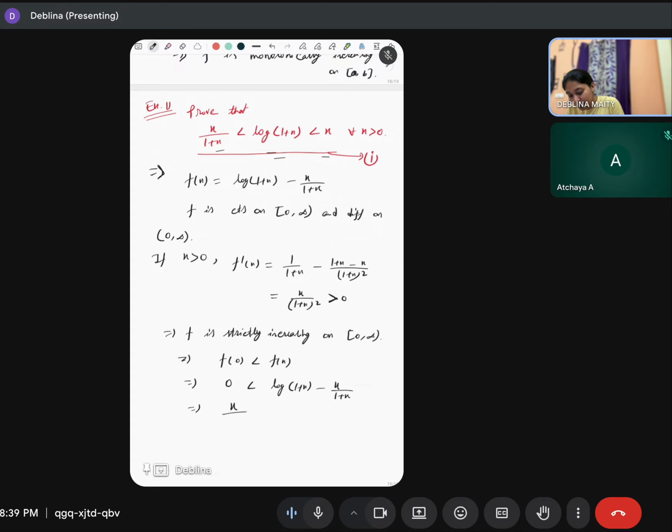So x by 1 plus x is strictly less than log of 1 plus x. So we get the left hand inequality of this one.